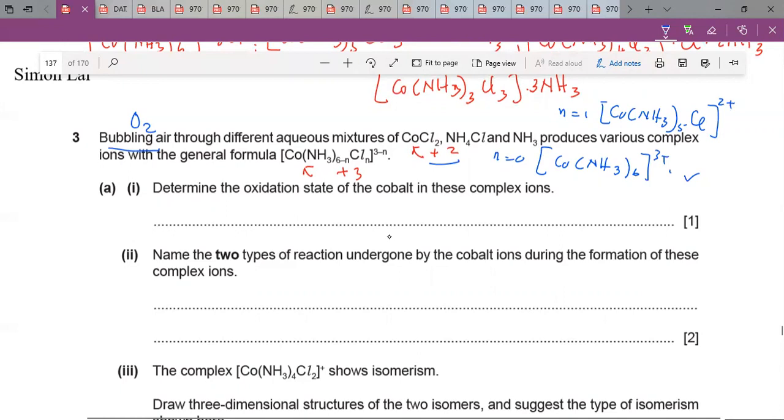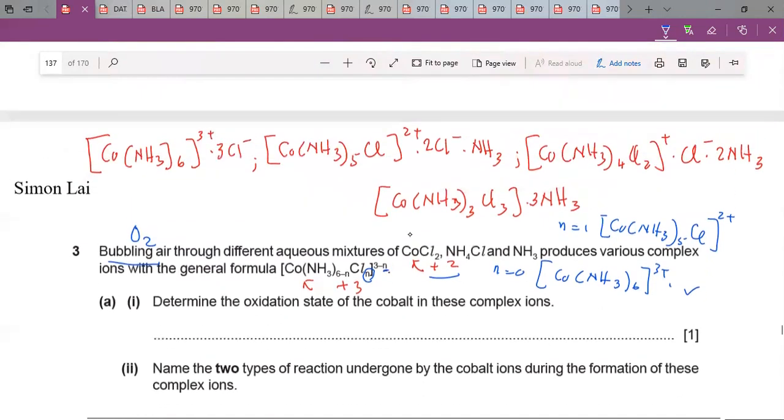So step by step, you can work out here, right? So the maximum of N will be 3, isn't it? Can it be more than 3? Because here can be more than 3. Right? All right, so here you can see I put down here all the choices.